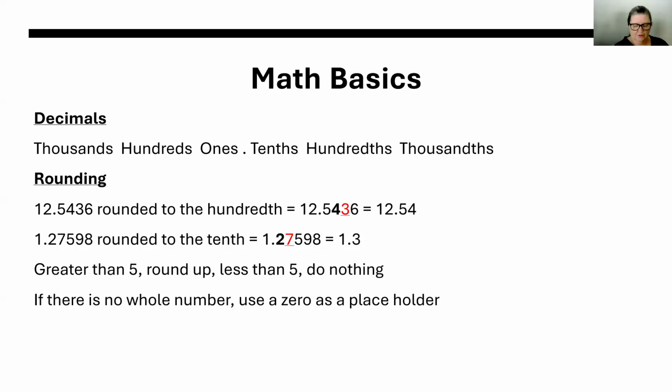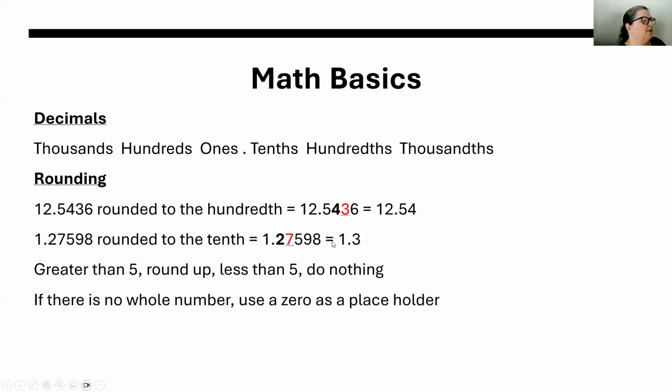And we'll go through how to do that here in a little while. But just to remember rounding, I've got a couple examples here, but just remember that we round up if the number we're looking at is greater than 5. And if the number we're looking at is less than 5, we do nothing.